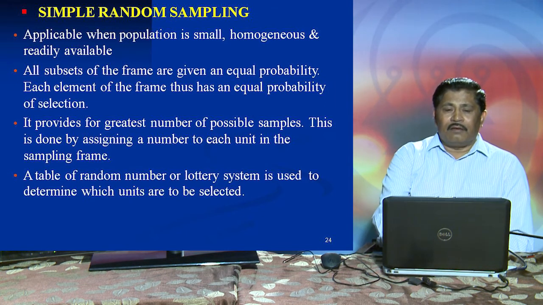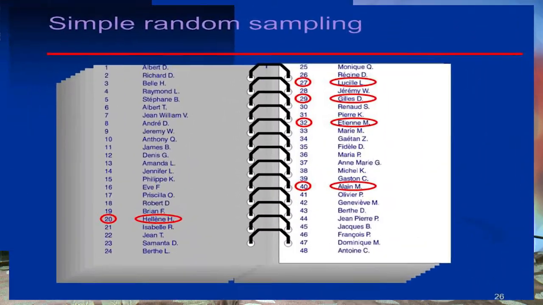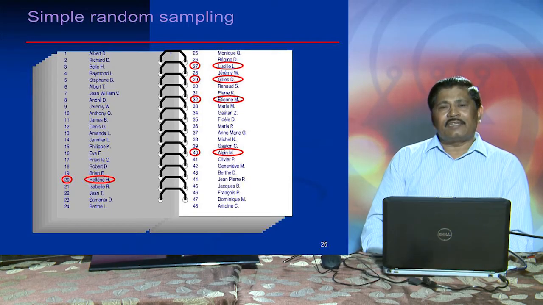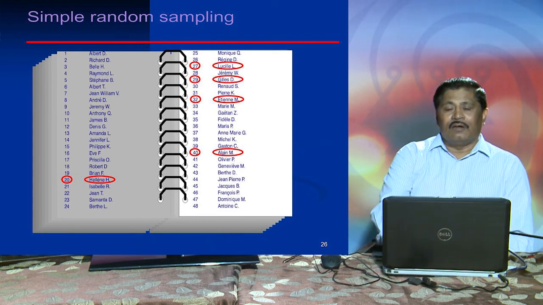Then I have selected an example from the internet for you: how simple random samples are selected. Once you use the random number tables, you can select the appropriate sample size from your population.